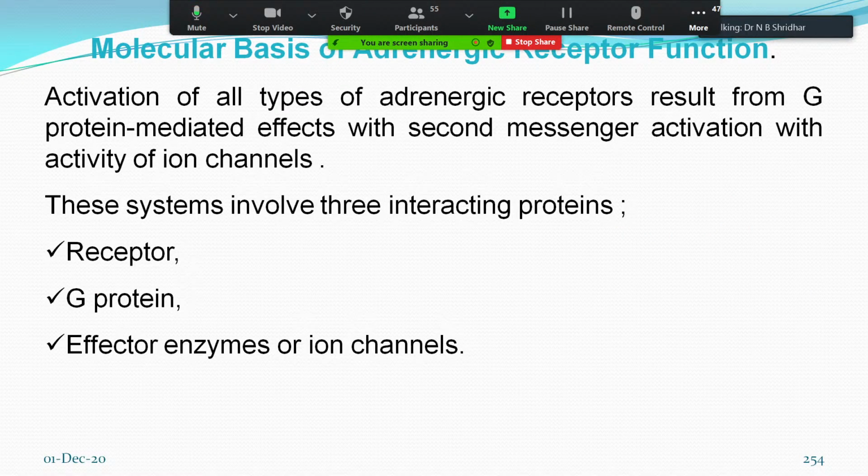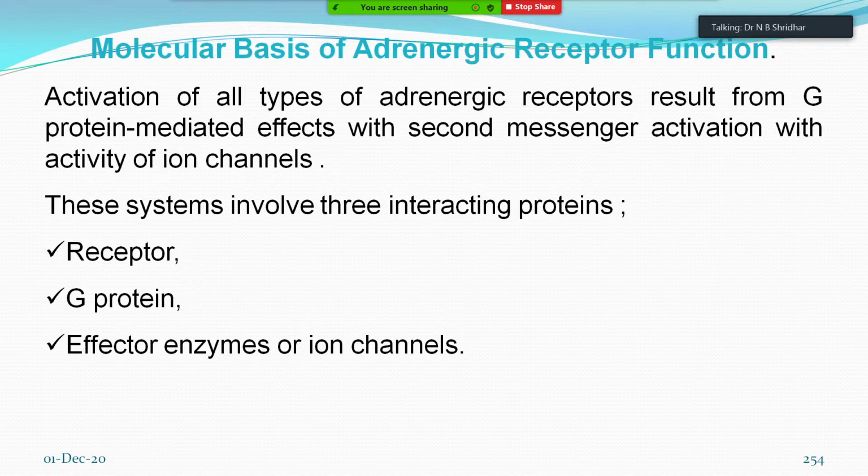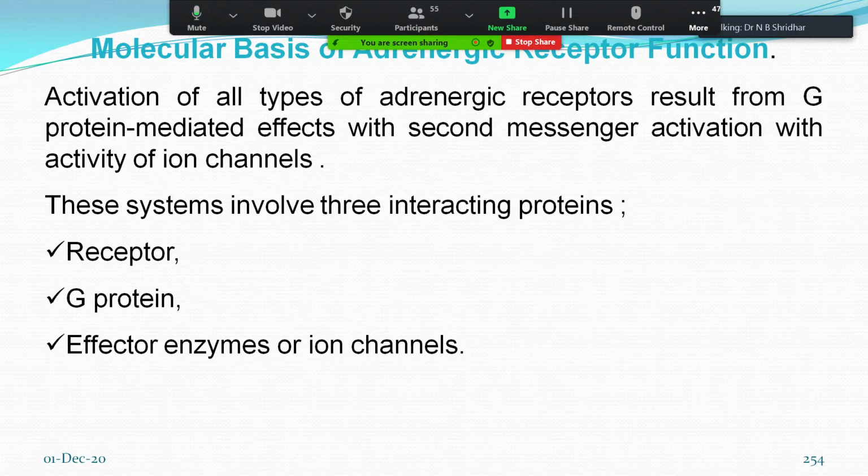So coming to the molecular basis of adrenergic receptor function, how at molecular level it is going to act. Activation of all types of the adrenergic receptor, especially the alpha 1 and alpha 2, beta 1, beta 2 and beta 3, result from G protein mediated effects with second messenger activation with activity of the ion channels.